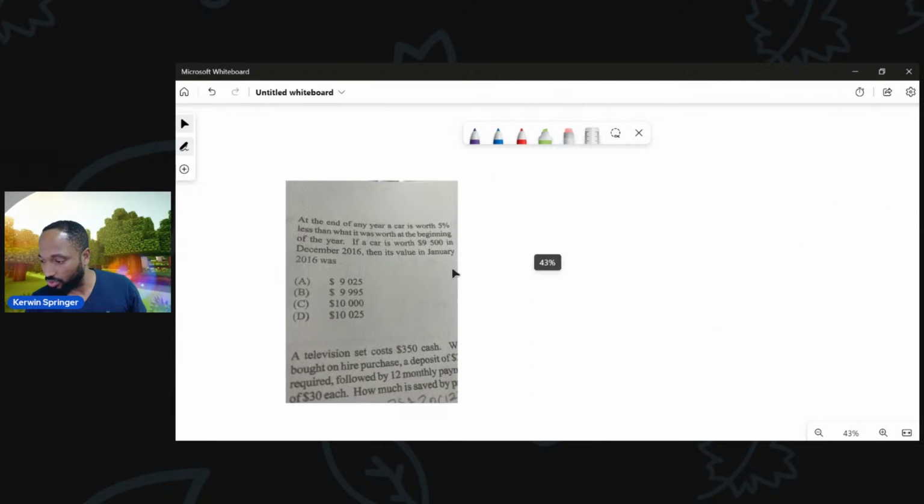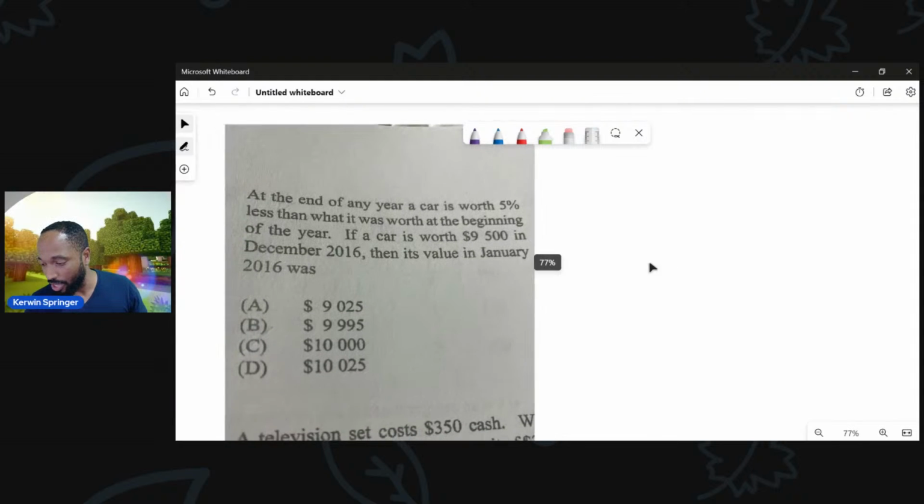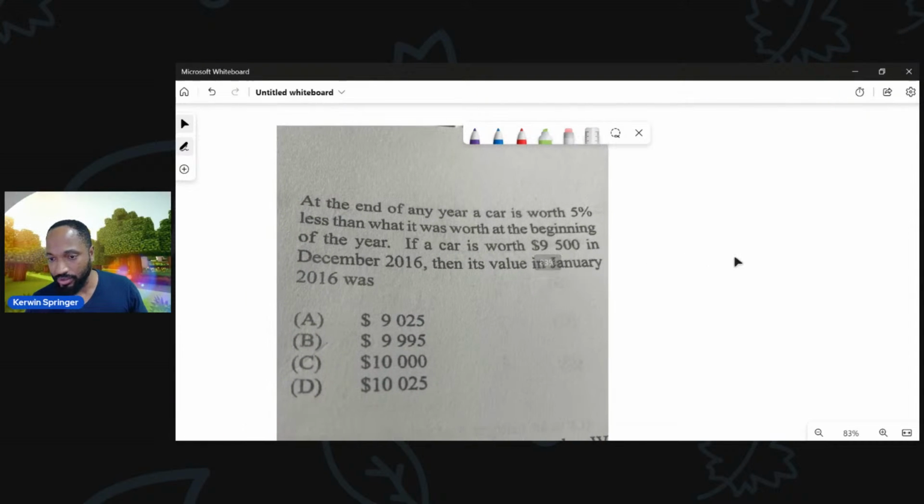All right, so they really didn't want you to see this question, so let me pay attention. At the end of any year, a car is worth 5% less than it was. If the car is worth this amount in December, so you want to get 5% less, just multiply by 95.